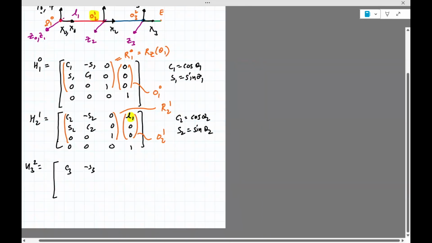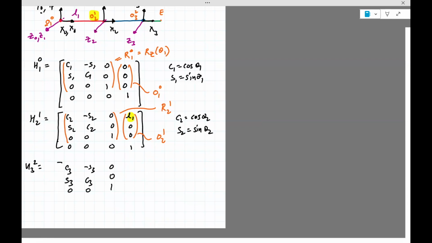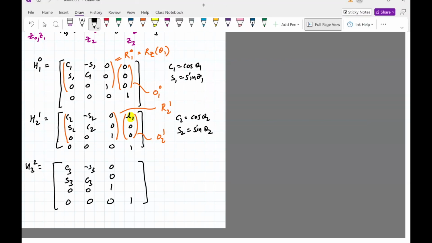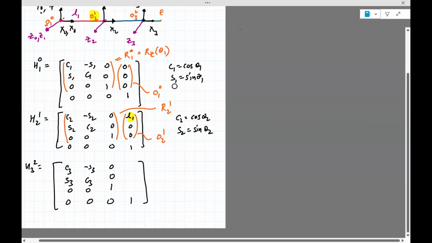Okay, same logic. Then 0, 0, 0, 1. Okay, now we need to write the position of O3 with respect to frame 2, with respect to the previous frame. So the local distance.